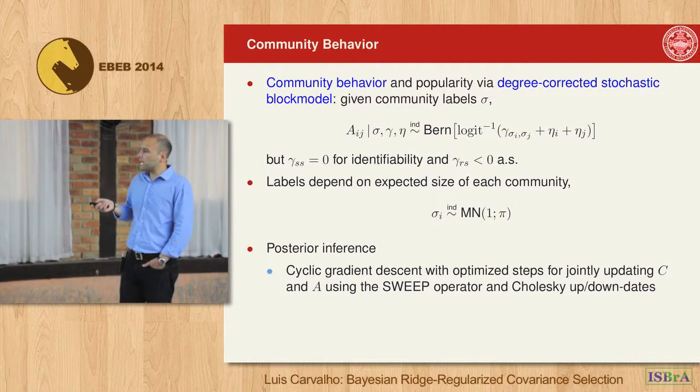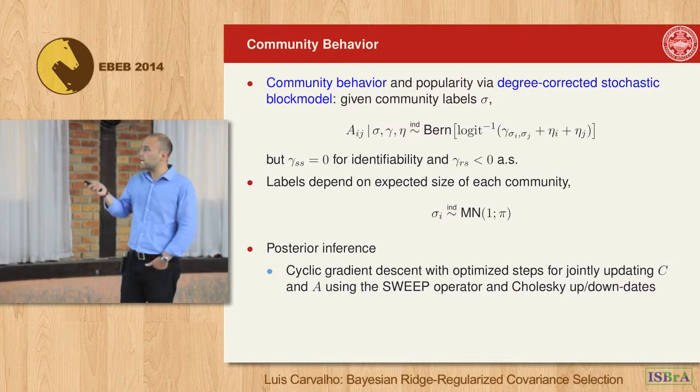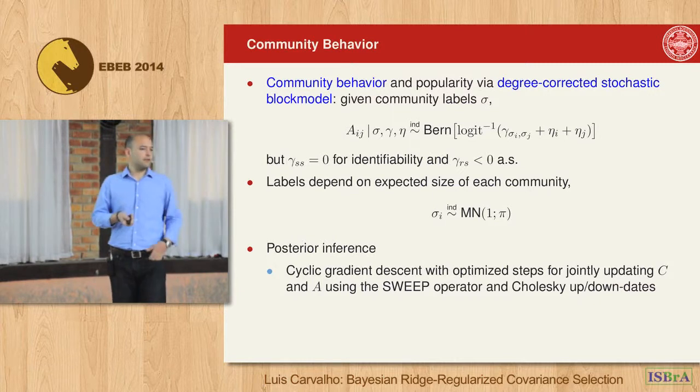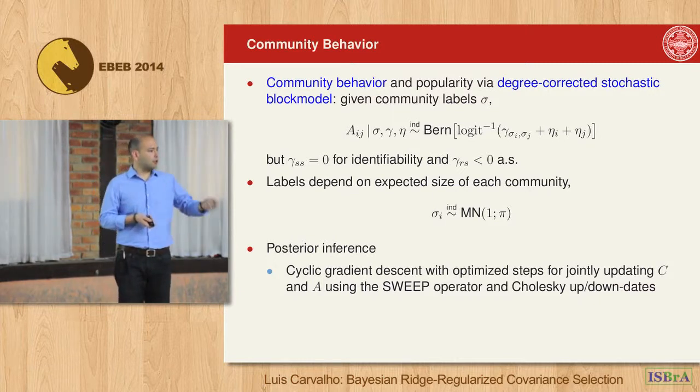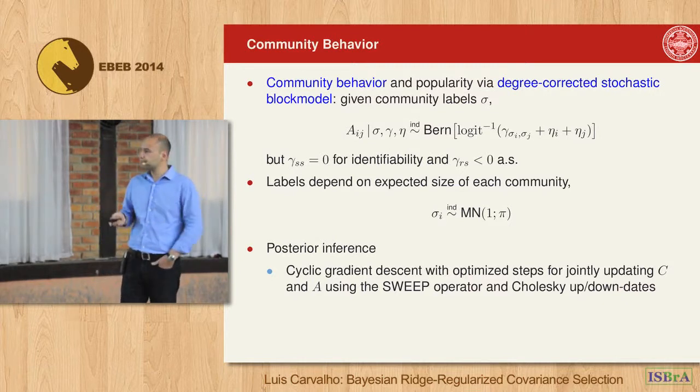But we use the sweep operator, which is very versatile and helpful in this case because it will give us basically the Schur complement of the covariance matrix that we can use to update the probabilities. And we also use Cholesky updates and downdates to make things faster. Every time we want to include some specific edge, we just have to update the covariance. We never recompute the covariance from scratch. We only update the covariance.